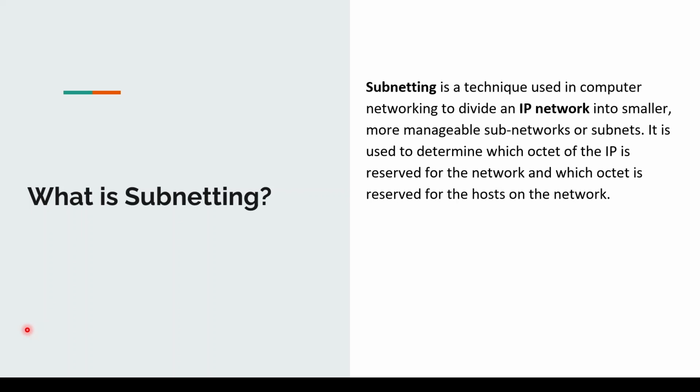So it is used to determine which octet of a particular IP address is reserved for the network and which octet is reserved for the hosts on the networks. So why is this important? It's important because it enhances performance. Also, it contributes to the security outlook of the network, and then it provides for flexibility.